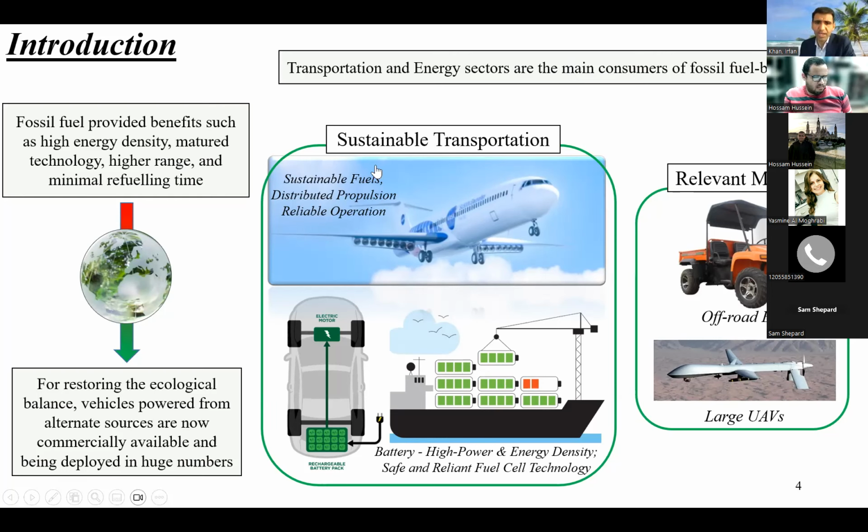Out of those we have air transportation, ground transportation, and other non-traditional ground transportation like off-road vehicles, tractors, and recently drones. All of these transportation means need power, and to power them we should have electric vehicles, which are clean and better.